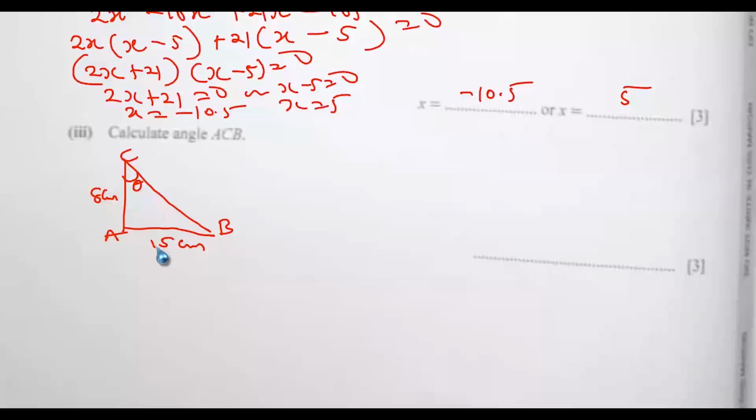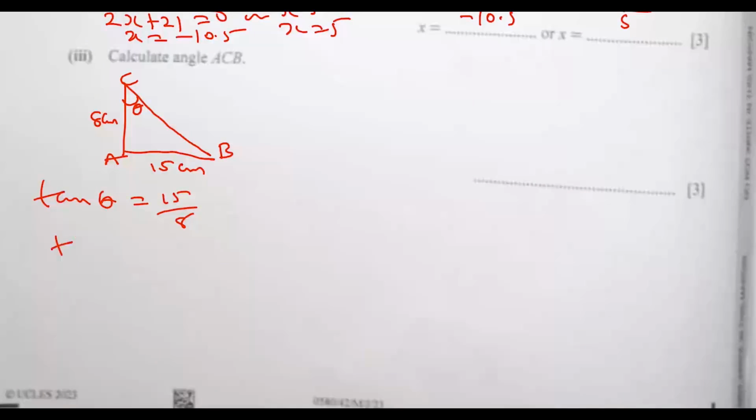So we have opposite against adjacent, that is tan. So we can say tan theta equals 15 over 8. If you divide 15 by 8, you get 1.875.